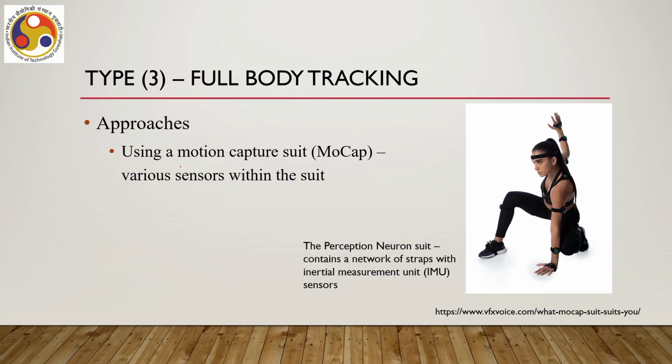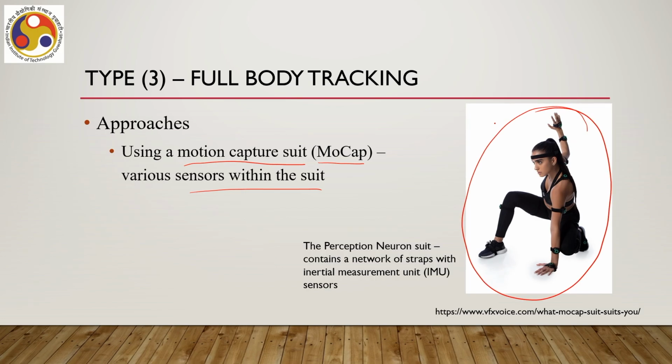Broadly, there are two such approaches. One is using a motion capture suit, in short called mocap. Typically such suits come with various sensors within the suit. An example is shown here in this accompanying figure. This is the Perception Neuron suit. It contains a network of straps with IMU or inertial measurement unit sensors.